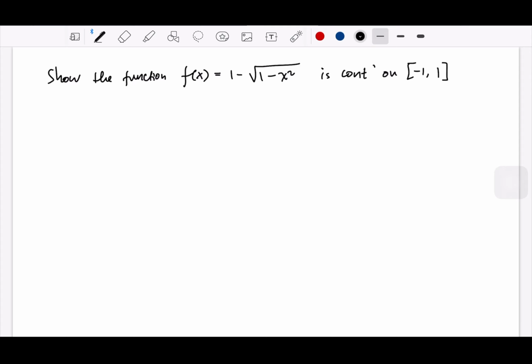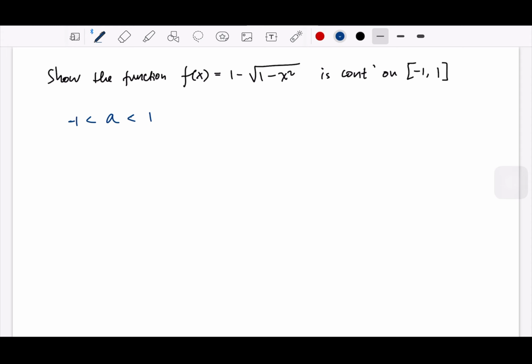Okay, first, if you just want to show that this is continuous, you can take any a at any point on the interval -1 to 1. So you can just mention a. You can write a is in between -1 to 1.